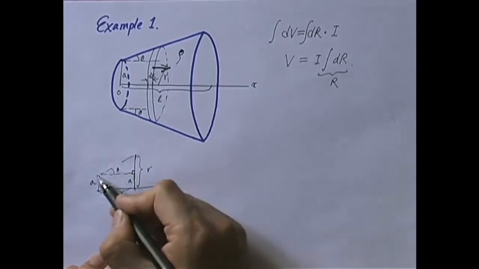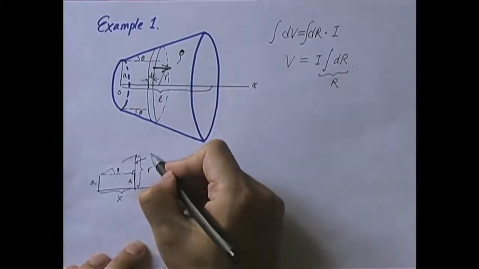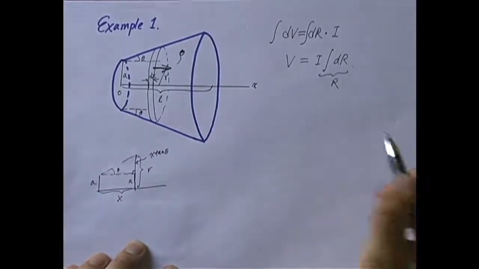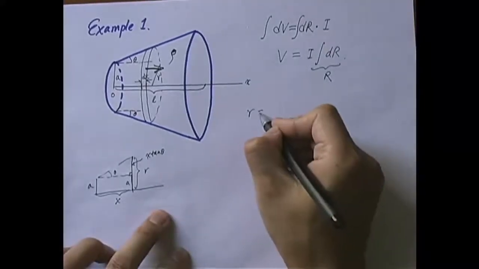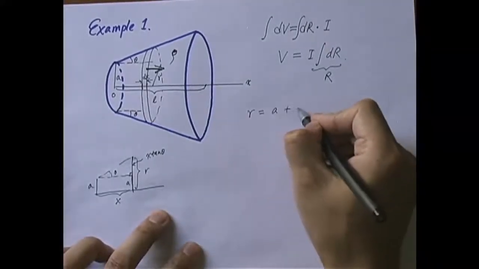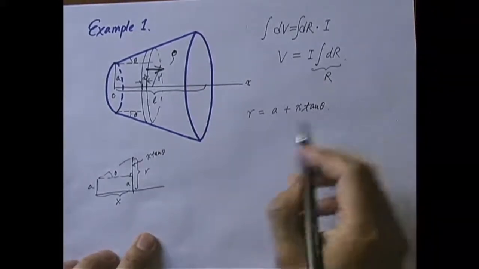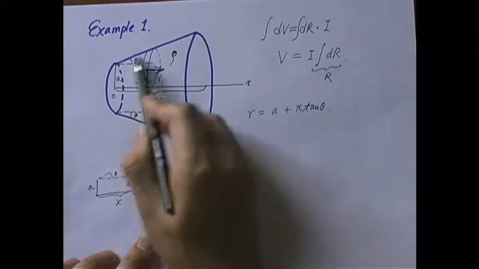We know that this is x, and this angle is theta. So isn't that equal to x times tangent theta? So the total value of R between here and there is equal to A plus x tangent theta. Theta is a constant no matter how far you go, because it's a straight line.